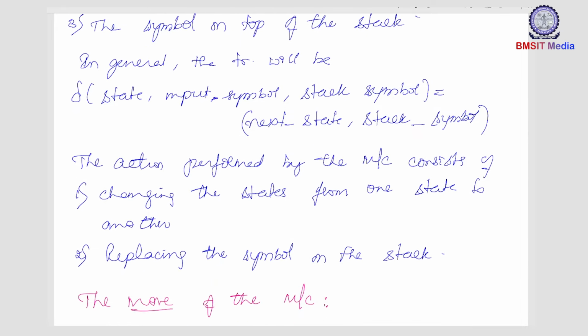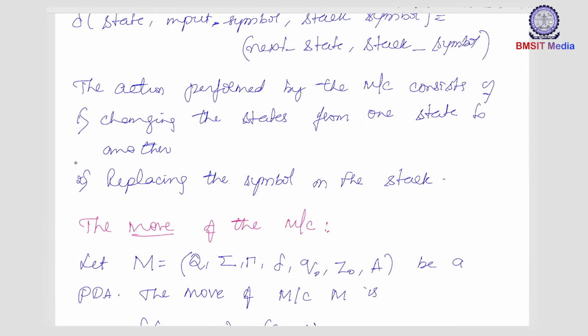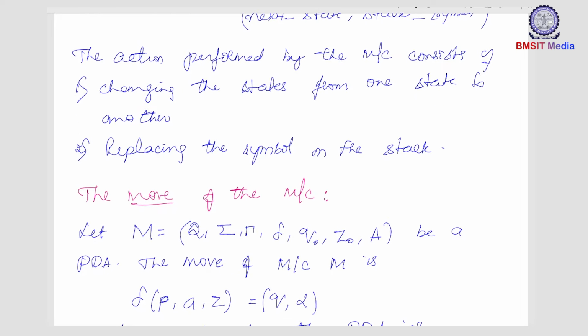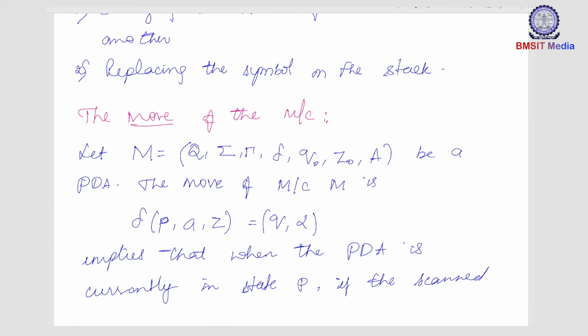In general, we write the transition like this: delta of state, input symbol, stack symbol equals next state, stack symbol. The action performed by the machine consists of changing the state from one state to another and replacing the symbol on the stack.